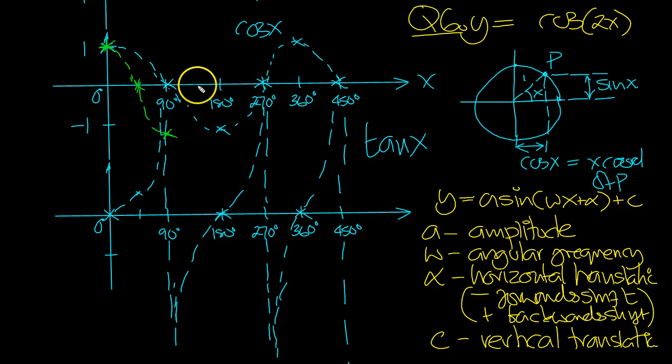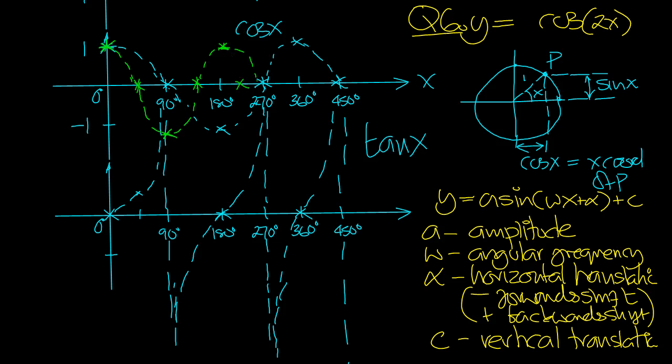And then back up here, 135. Cos of 2 times 135 is 270, cos 270 is 0. And then 180: 2 times 180 is 360, and cos 360 is 1, which is there. So yeah, it's twice as fast. There's that curve, 180, and it goes down to here. Twice as fast.